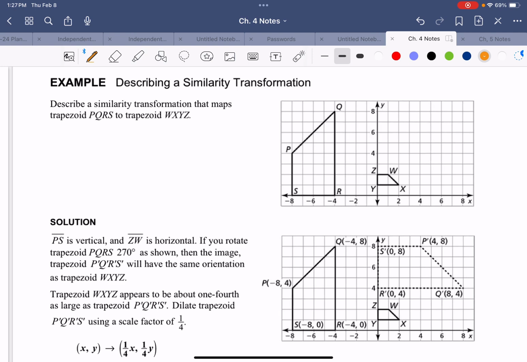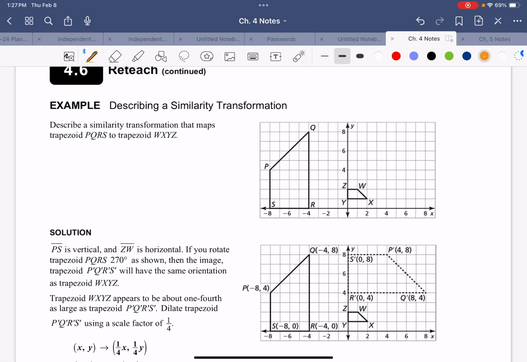Okay, now describing a similarity transformation. This is where sometimes it can get a little hard. Some of you are going to see it right away and others might struggle a little. Again, I might say it goes XYZ. You might say it goes ABC.